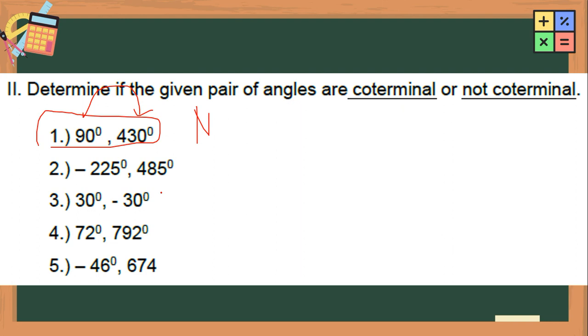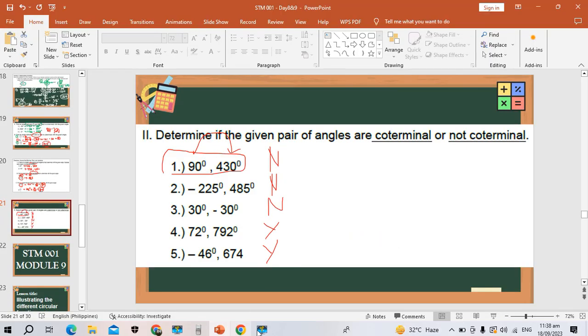Sir, not. Bakit hindi kayo sigurado? Number 3. Dali-dali lang yan. Sir, not. Number 4. Yes, so coterminal yes. Number 5, yes ulit. Siguraduhin nyo na hindi kayo tumitingin sa module ninyo.